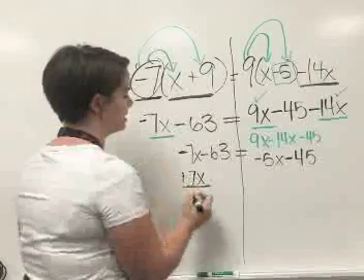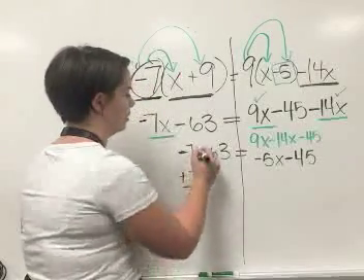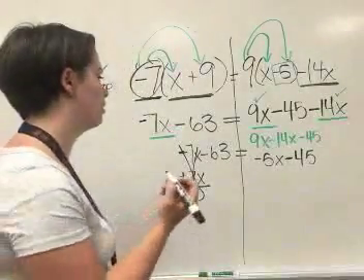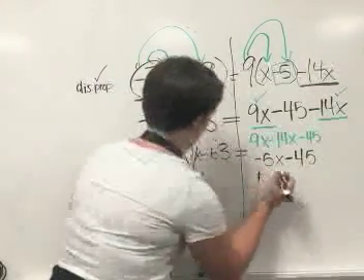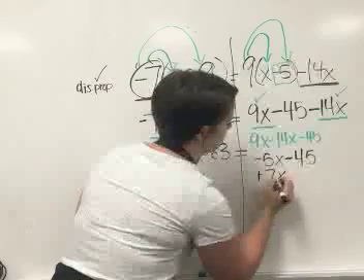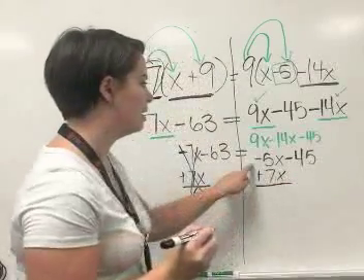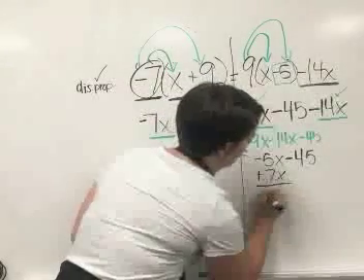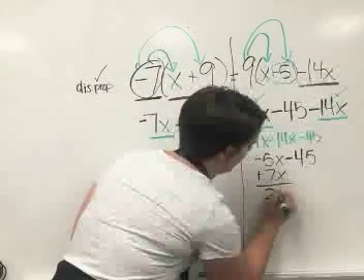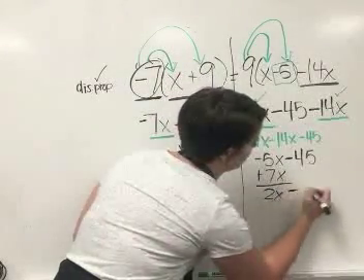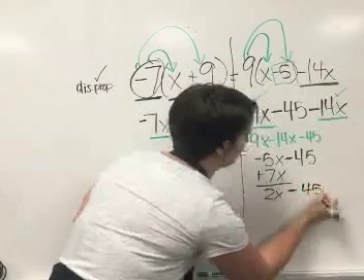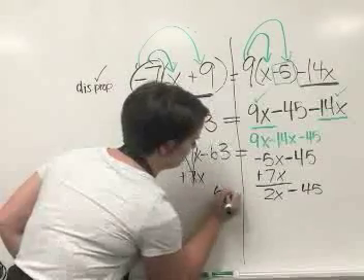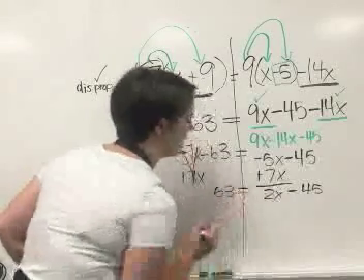Negative 7x plus 7x equals 0. Cancels out. What I do to one side, I have to do to the other. So I add 7x. Negative 5x plus 7x equals 2x. I keep the minus 45, and on this side all I have left is negative 63. And between them I have my equal sign.